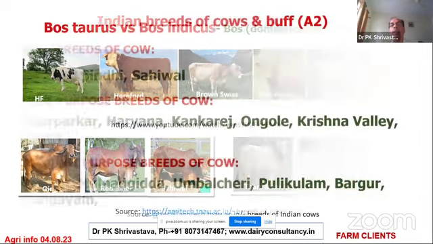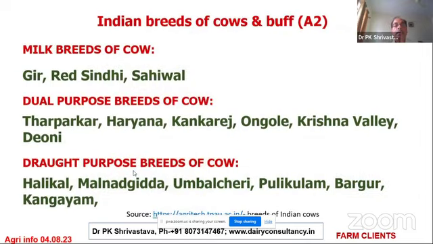Now come to what the A2 cows are: Gir, Red Sindhi, Sahiwal, Tharparkar, Haryana, Kankrej, Ongole, Krishna Valley, Deoni, Hallikar, Malnad Gidda, Amritmahal, Pulikulam, Bargur, Kangayam, and many more. These are all Indian breeds of cows.